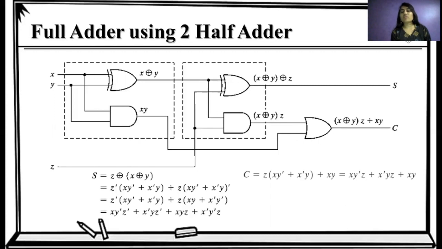So here we have the equation (x XOR y) z plus xy, which is the equation of carry. How is this the equation of carry? Because it differs from the equation derived from the K-map, right? But after simplification of this, we have exactly the same equation for the carry bit. So this is how we can implement a full adder using two half adders.